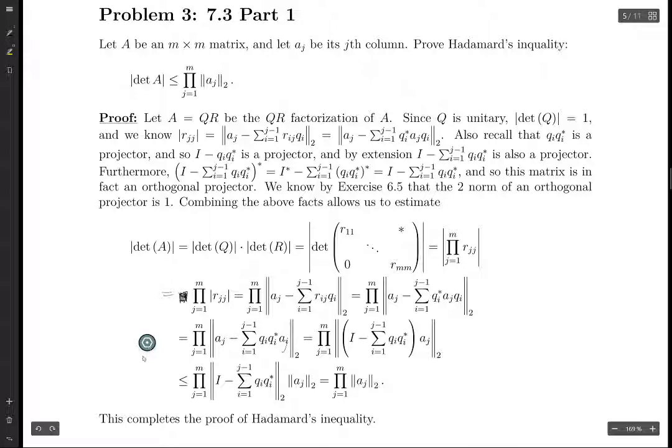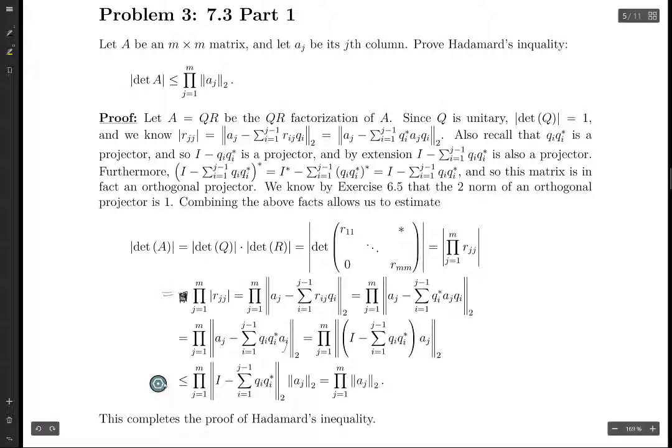So now we can factor out an aj on the right here, and we just get I minus the sum. Now this is a norm of a product, and the norm of a product is less than or equal to the product of the norms. So here this is actually a less than or equal to, because we're dealing with matrices instead of just numbers.